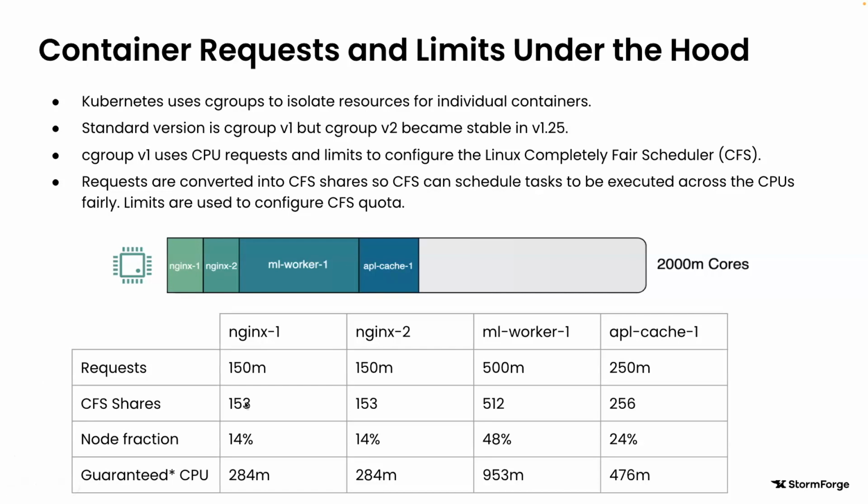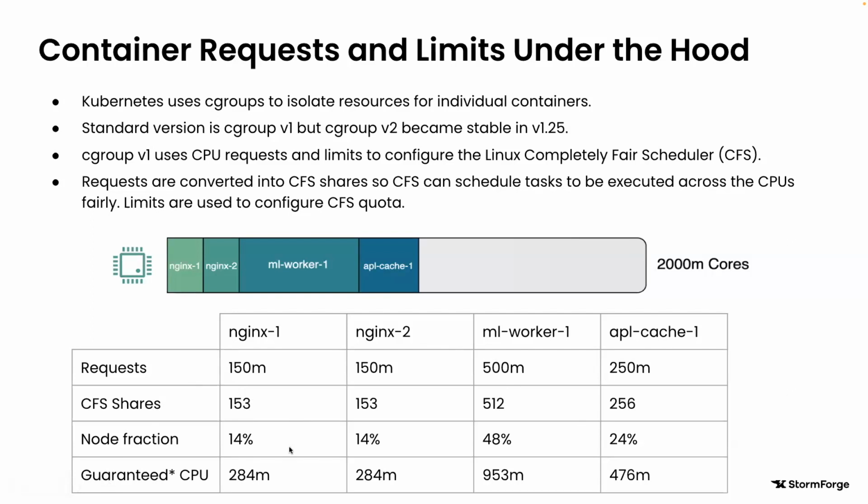The formula is: take the second row, so all of the shares. That's the total number of shares people have put in for. Sum them all up, and then the amount you get is your shares divided by the total. So I got to that 14% by summing up that row and then dividing 153 by 300, 800, 1050.